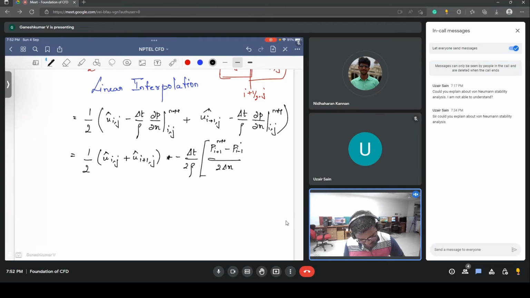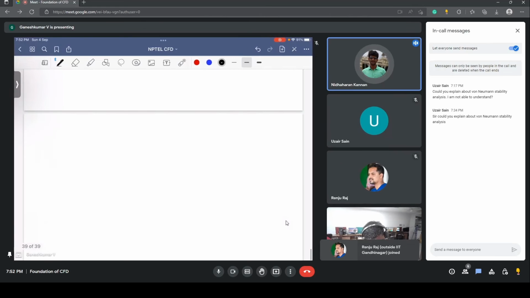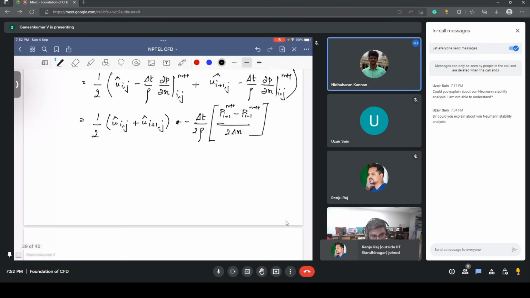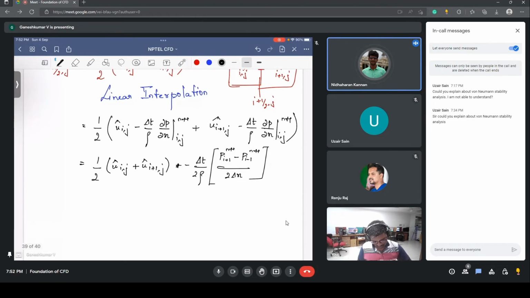These are evaluated at n+1, a central difference. Someone asked how the delta t by 2 rho came about: there is this half, right? We have this half.